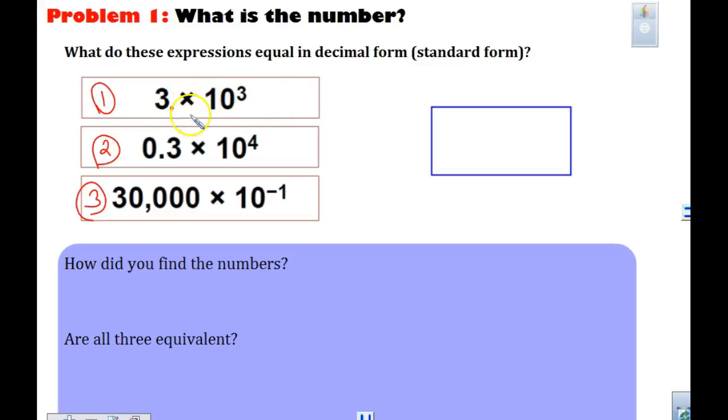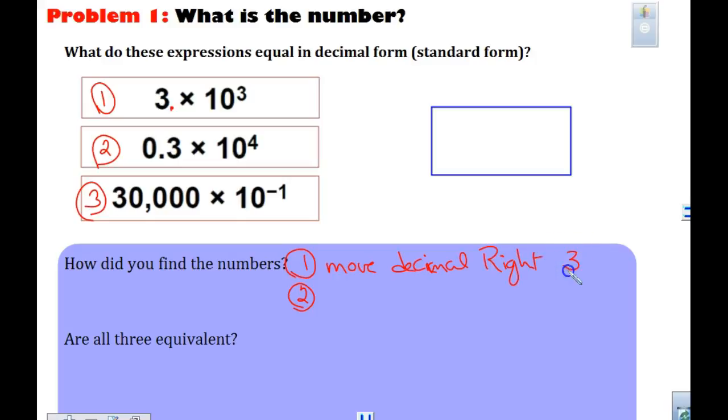Move the decimal over 3 places. How many would I move this decimal over? 4. So for number 1, I'd move the decimal 3 places, and for number 2, we're going to move it 4 places. When we're moving in both number 1 and number 2, which direction would we move the decimal? To the right.